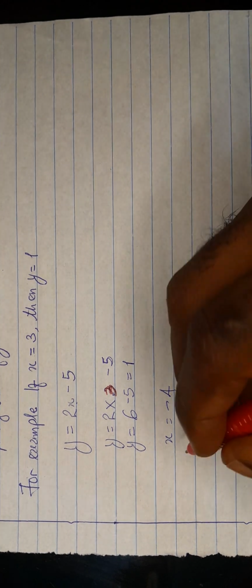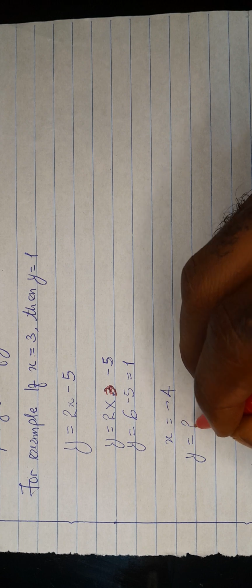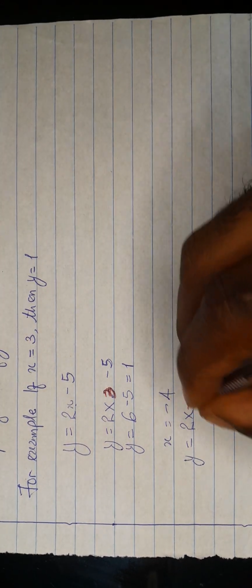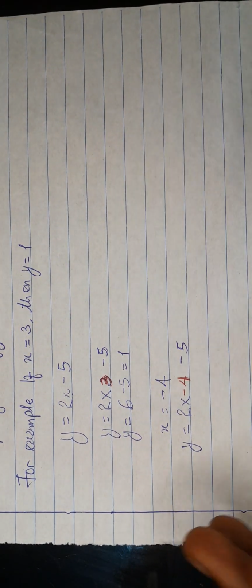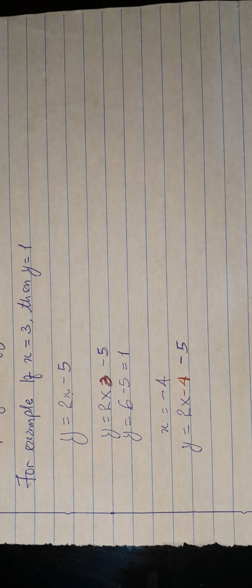So it is y equal 2 times minus 4 minus 5. And in mathematics we have board math, so definitely we're going to multiply before we subtract. And then we do this.